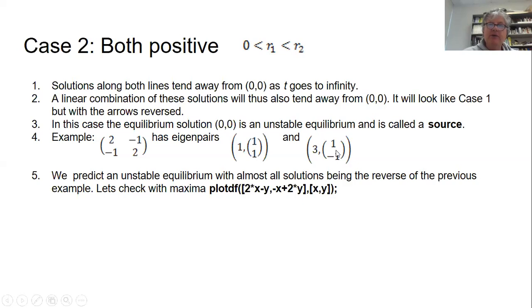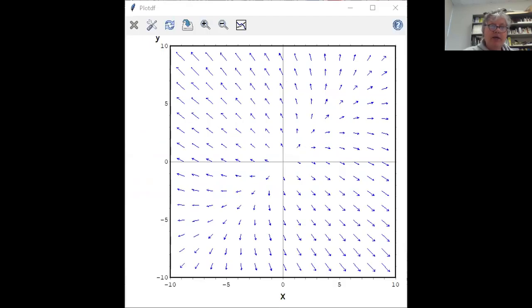Okay, so let's go to Maxima again, and we can check to see what we see. Okay, and so indeed it looks the same. You can see the eigenvectors along the lines y equals x and y equals minus x, and all the arrows are pointing away from the origin.